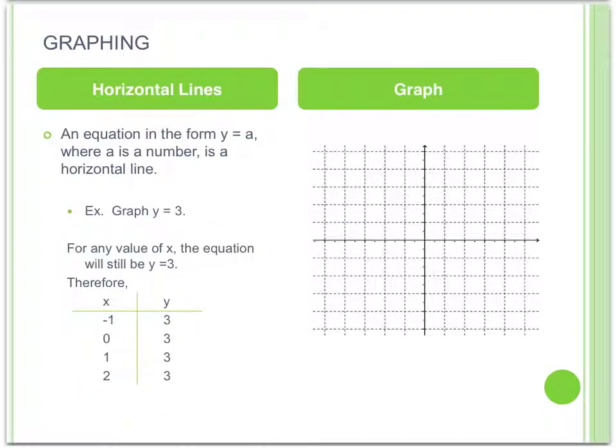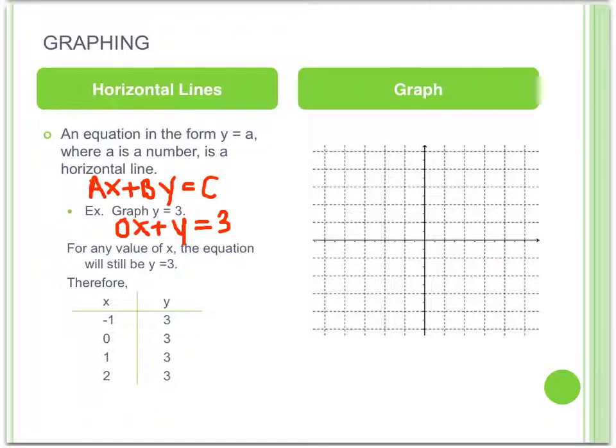Next, let's talk about graphing equations that are horizontal lines. An equation in the form y equals a, where a is some number, is a horizontal line. Remembering that ax plus by equals c, if we're given y equals 3, we can also write that equation as 0x plus y equals 3.